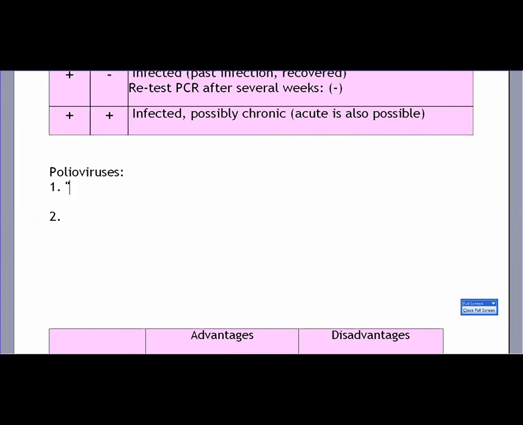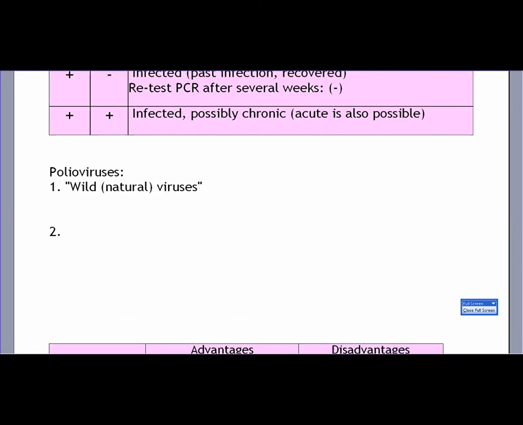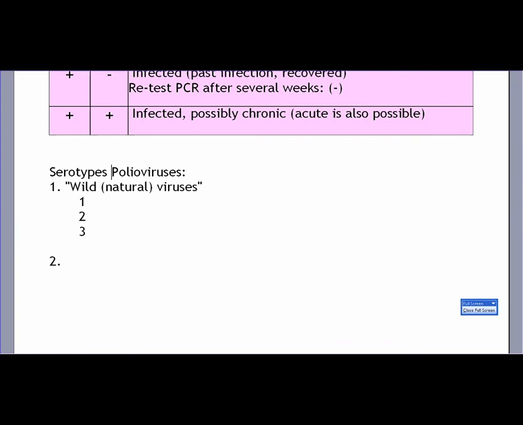The wild type, wild viruses. Wild means natural. And we have 3 types. We have serotype 1, serotype 2, and serotype 3. So these are serotypes of polioviruses. Type 1, type 2, and type 3. And we have another group that I will tell you later.